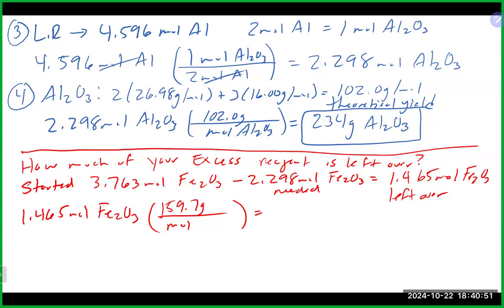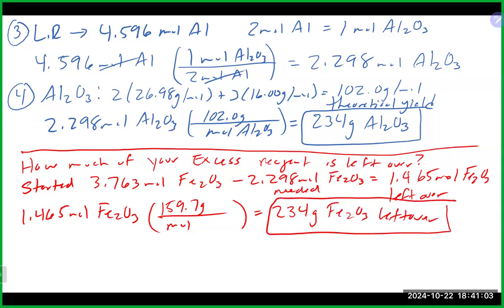That tells us we will have approximately 234 grams of it left over. Remember, on that one we started with 601 grams, and we'll have about 234 grams left over. So we used just under 400 grams of it in this reaction.